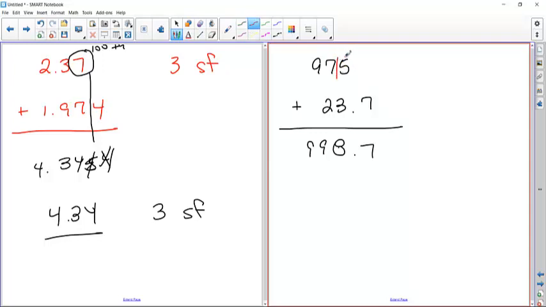So the ones place is the one that's limiting us. Our answer has to be only accurate to the ones, but we will round that up. So you can use rounding for that one digit that is not significant: you would round that up to 24, and then you'd get 999.